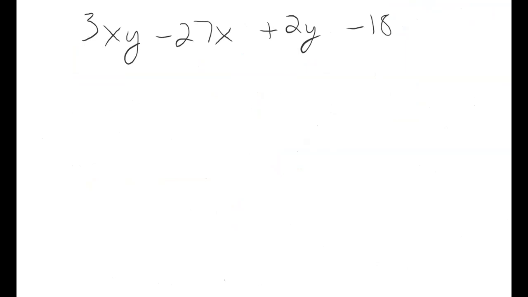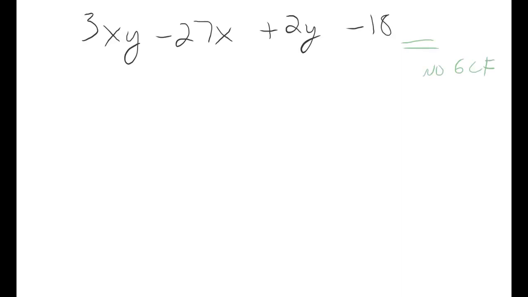Well, I see this last number here has no letters, so I don't even care about the variables. He has none, so they can't have anything in common. Now I just look at the numbers. My last 2 numbers are even. My first 2 numbers are odd, therefore they have nothing in common. So again, there is no GCF.